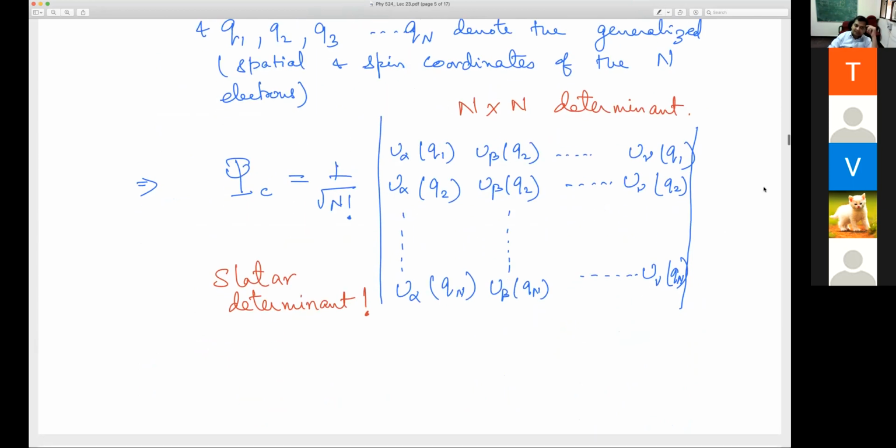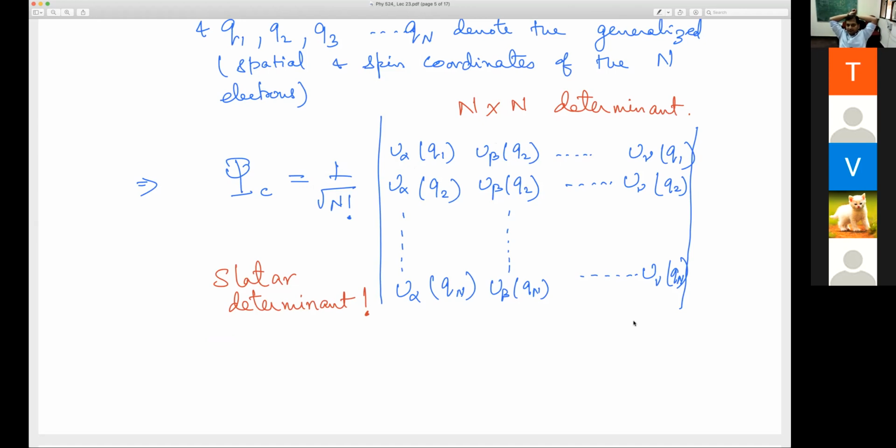Then the claim is that if I take this psi c, the n-particle wave function, and write it as 1 by root n factorial, n being the number of particles, then the columns are the state labels alpha, beta, gamma, delta, etc. Since I have n particles, I need n boxes to fill them, so I have n columns. And since I have n particles, first particle goes in row 1, second particle in row 2, third particle in row 3. So I have an n cross n determinant.